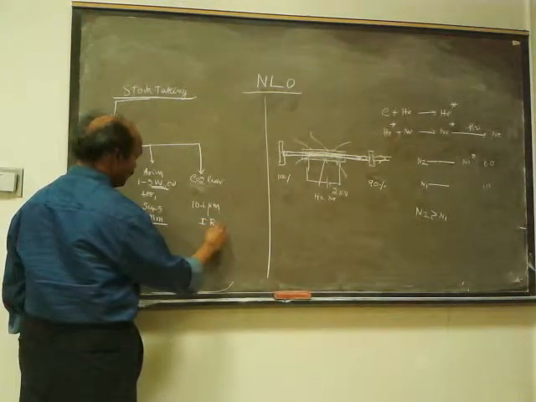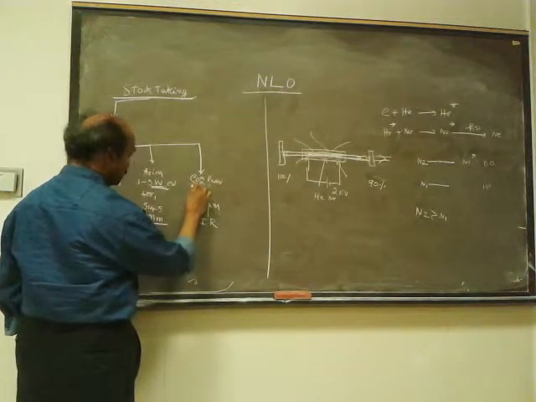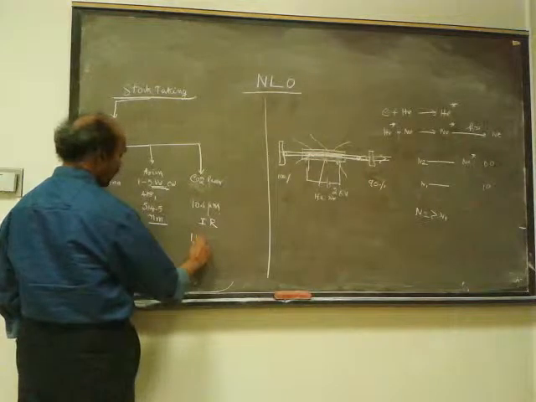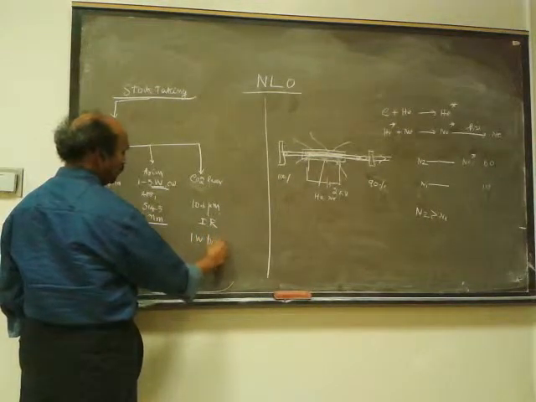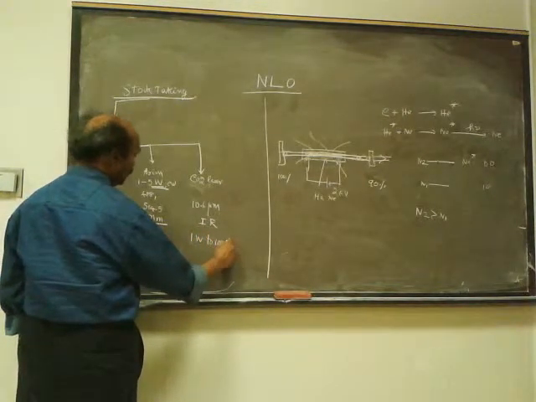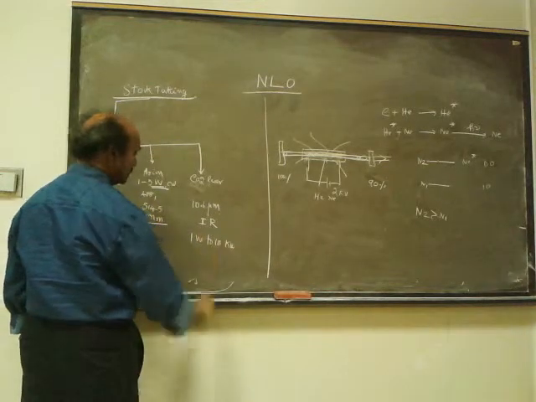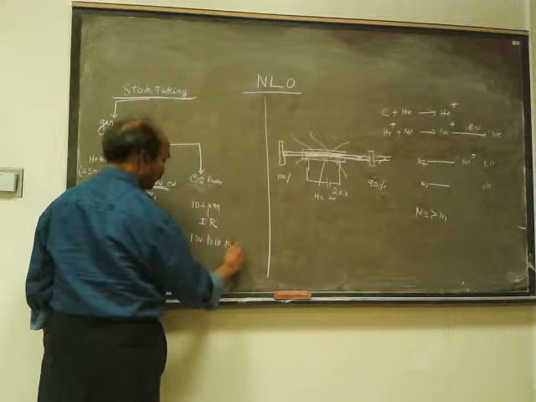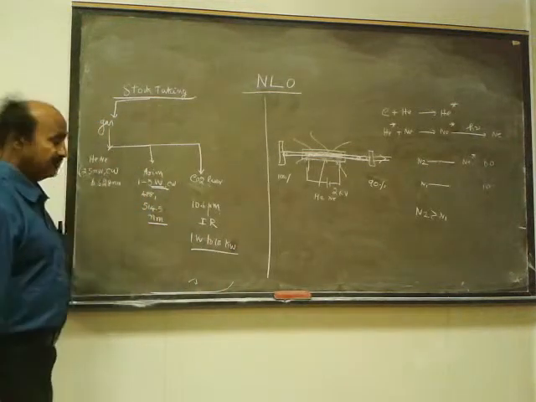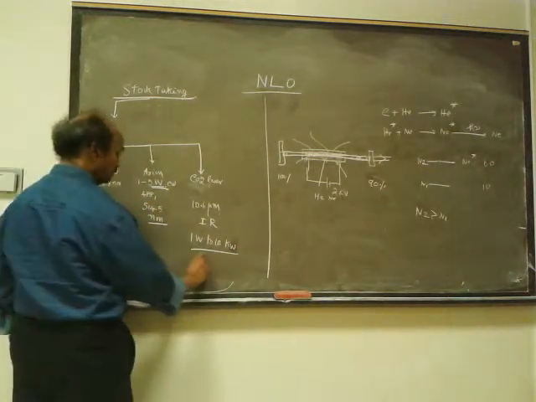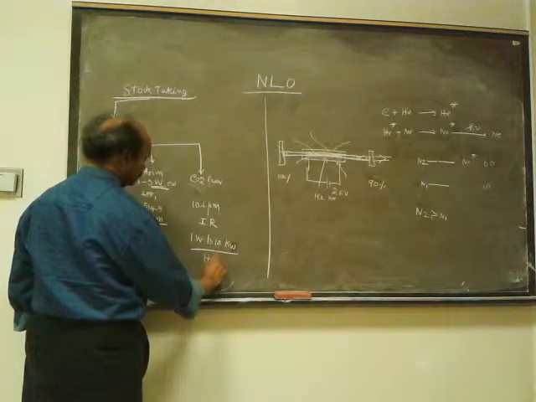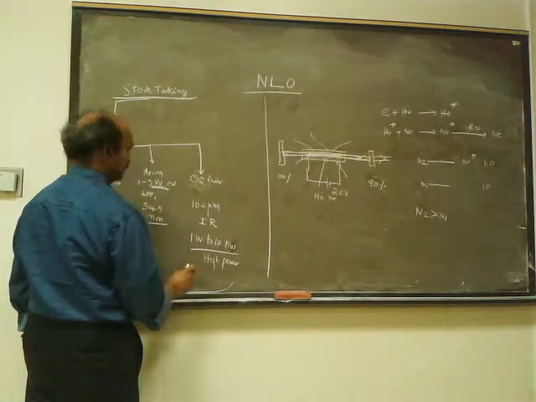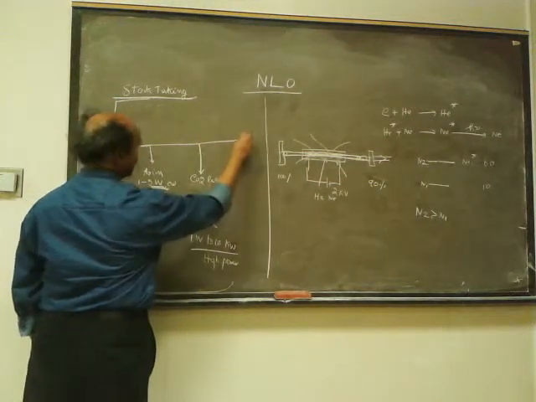This is an infrared laser, and it produces laser easily from 1 watt to 100 kilowatt. Let's say 10 kilowatt. It's a very, very powerful laser. It's a high power laser.